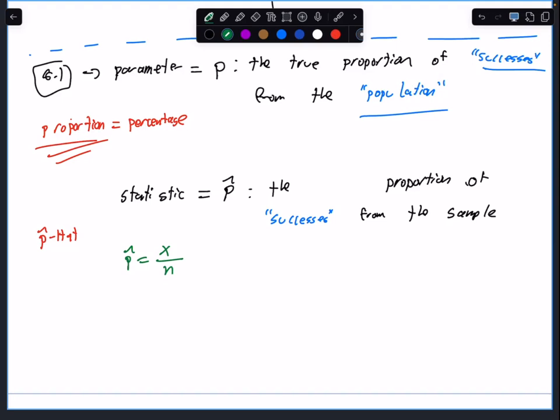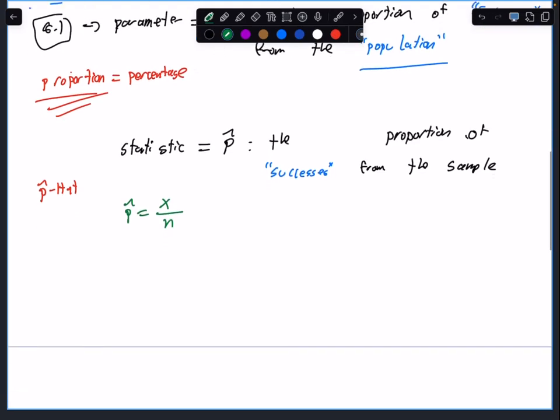So really quickly, please complete slide 8. Which is the parameter? Which is a statistic? Yes. Those should be. Let me check.